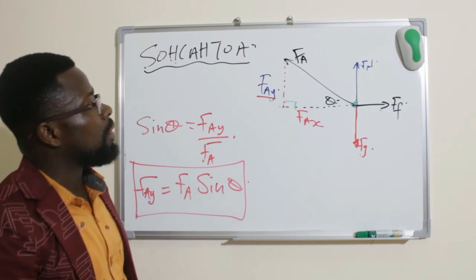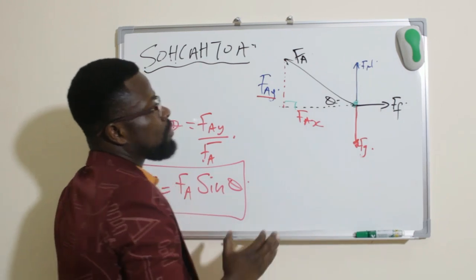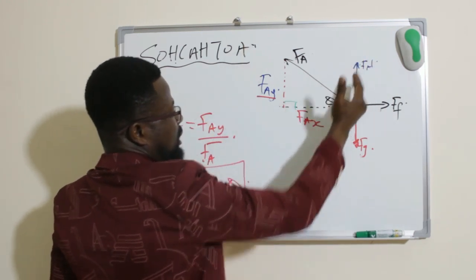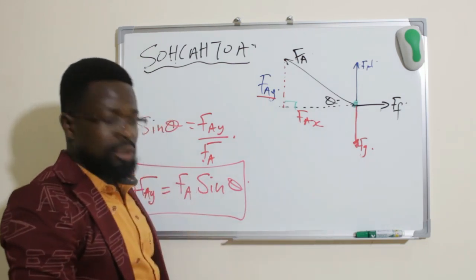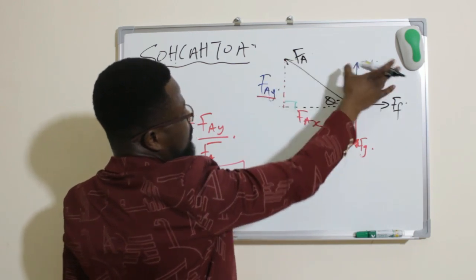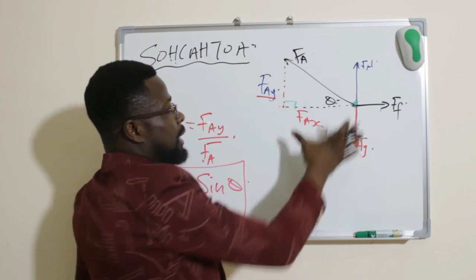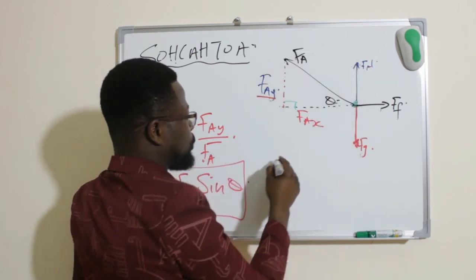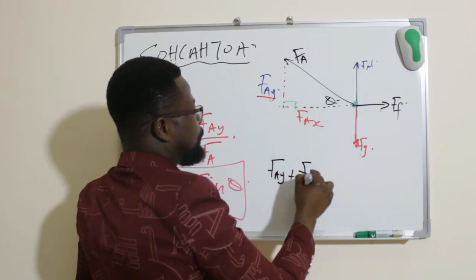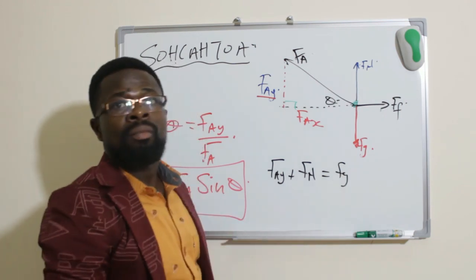So now if you're looking for the vertical forces in this, we can see the force here plus the force here must be equal to the force here. So we can say that our upward force must be equal to the downward forces. And there are two forces that are upward. So our FAY plus FN must be equal to FG.